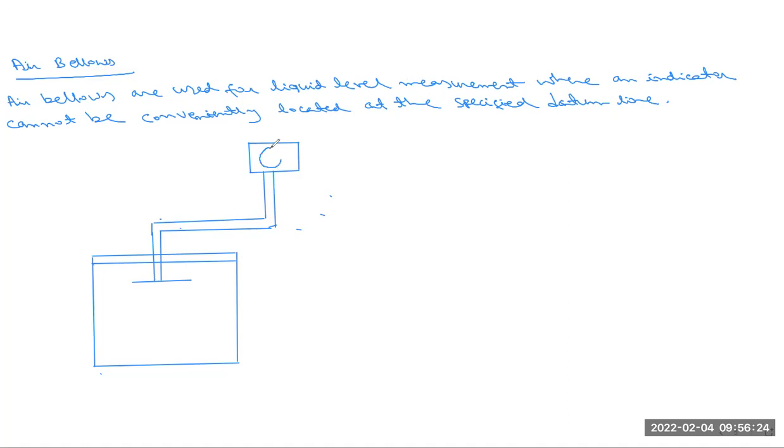This is an indicator, and this is a rotating device with a needle. This is the air bellows system, and the structure is like this. This part is filled with air, and this is the tank where the liquid is present.